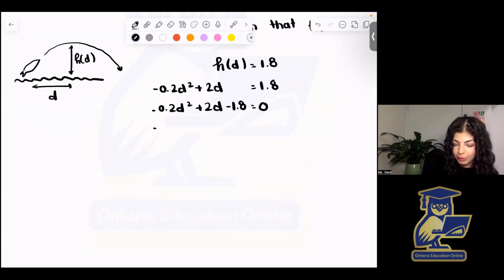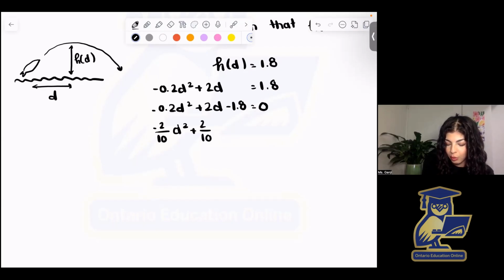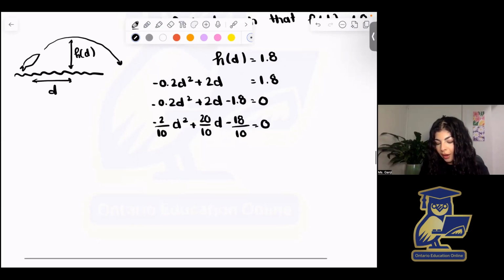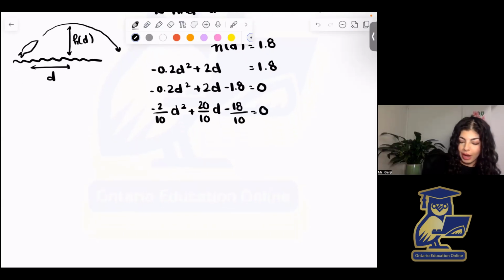So first we're going to convert our decimals into fraction form. So negative 0.2 is the same as negative 2 over 10 d squared. And 2, I'm going to just change it to that base of the denominator of 10 as well. So 20d minus 18 over 10. So now I'm going to factor out the fraction because they actually do have negative 2 over 10 as a common factor.